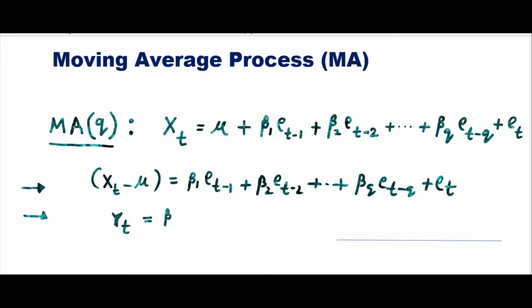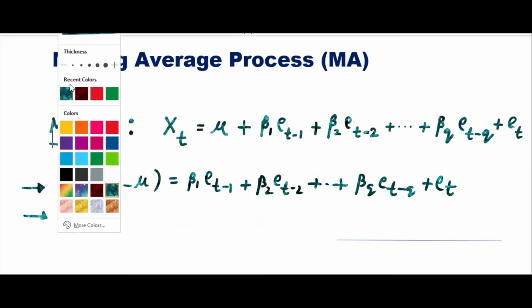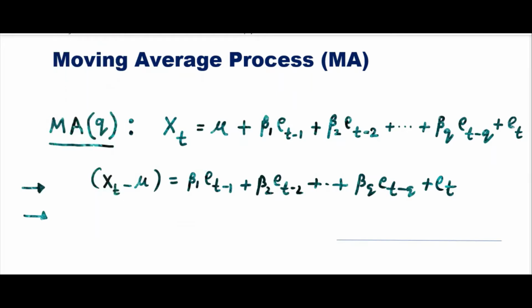We can write this way: beta 1 et minus 1, beta q et minus q plus et. This one you will get. However, we would like to write in a different way here.